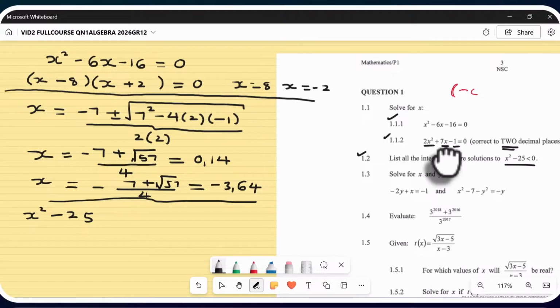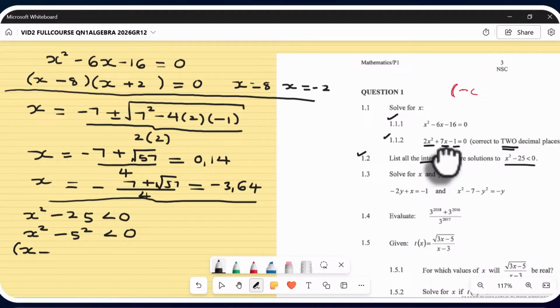To get our critical values, we can factorize: x plus 5 and x minus 5. Then we can say equals 0, meaning we are going to have x equals negative 5 and x equals 5 as our critical values.